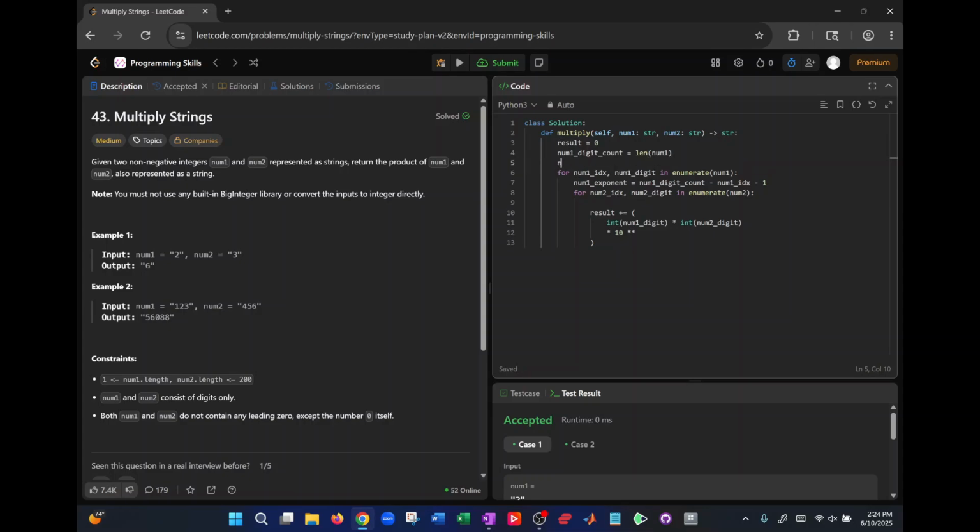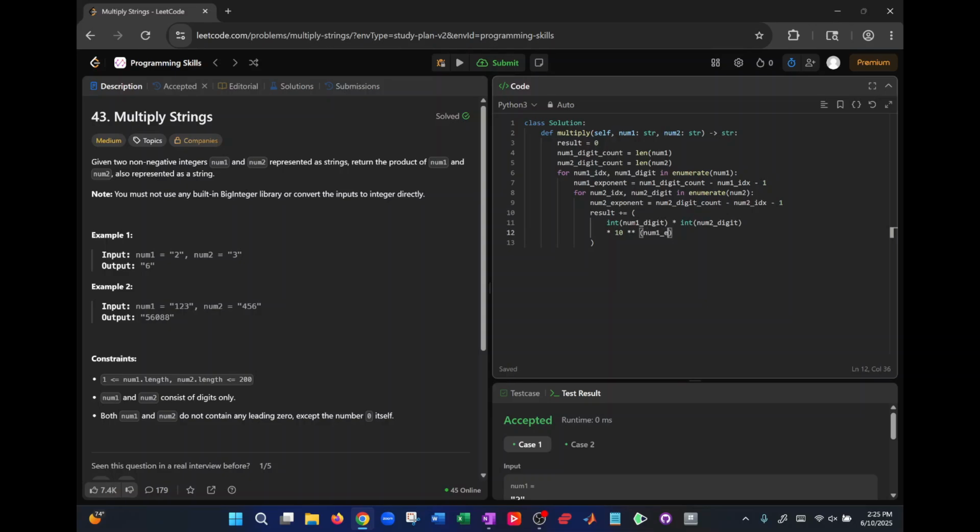And then similarly for num2, we can do num2 digit count. It's the length of num2. And here, num2 exponent will be num2 digit count minus num2 index minus 1. Okay. And so now when we take this result, we're going to multiply the two digits together and then multiply by 10 to the power of, remember, we need to add those exponents.